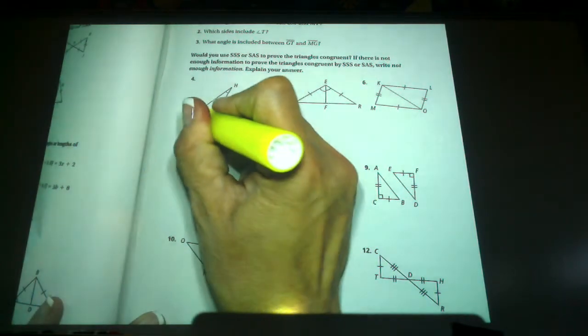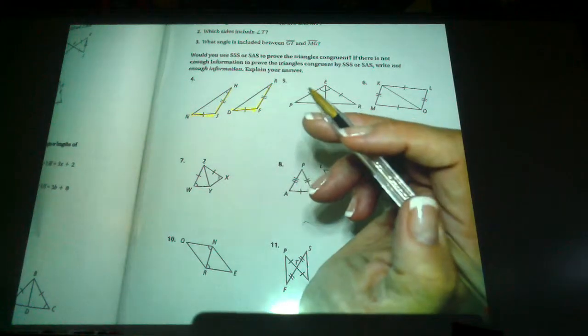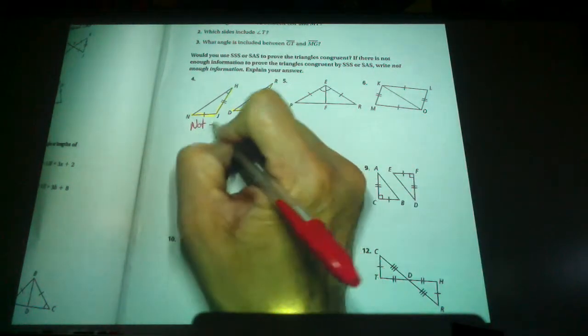Here's my sides that are congruent. Is that angle included in the sides? No. So you're going to write not enough information, and then you're going to explain the answer.